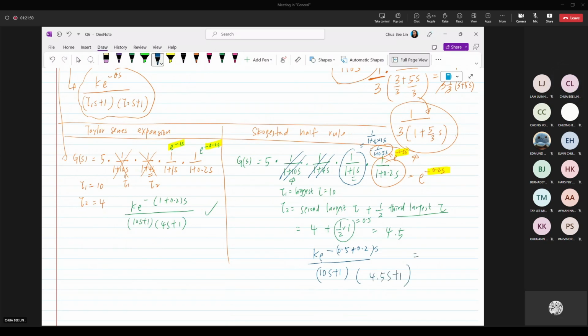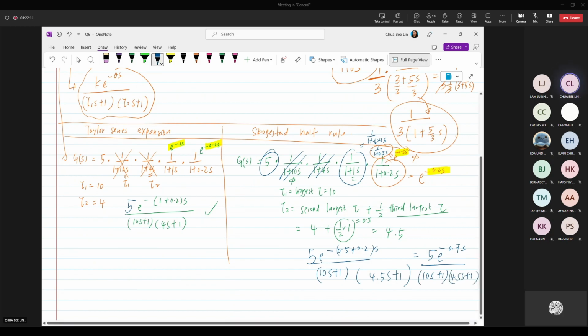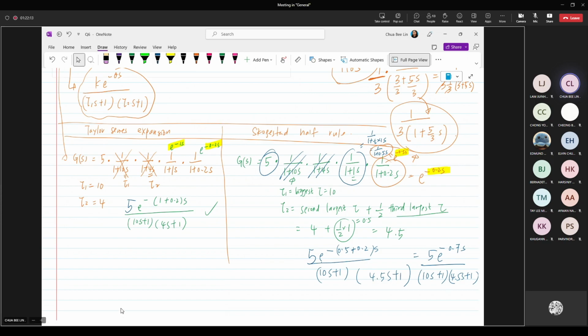So don't forget you have the 5 over here. It is not K in this question, it is 5. So 5 e negative 0.7s over (10s plus 1)(4.5s plus 1). Okay, so that's all for today.